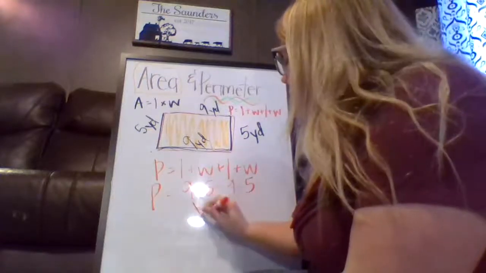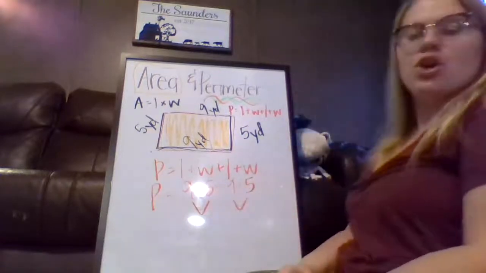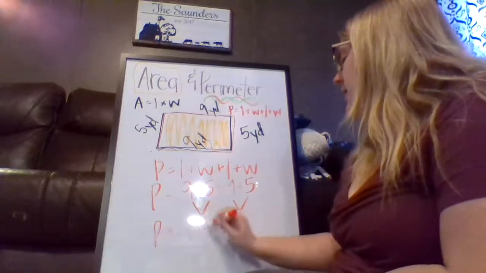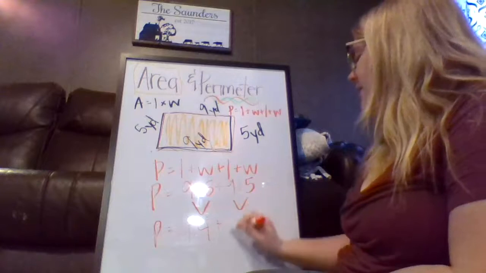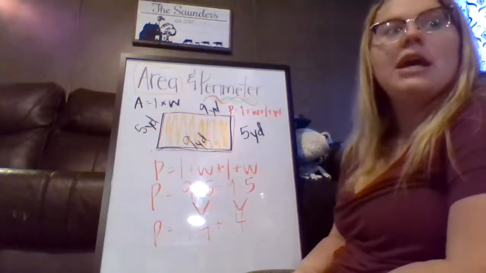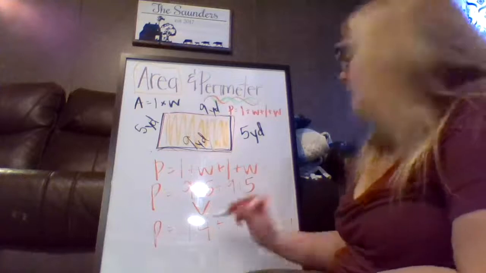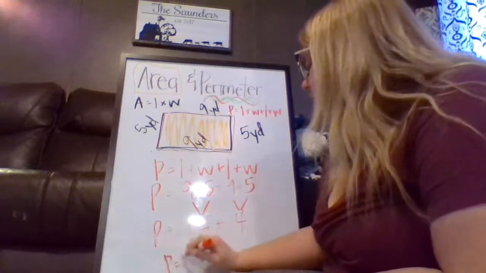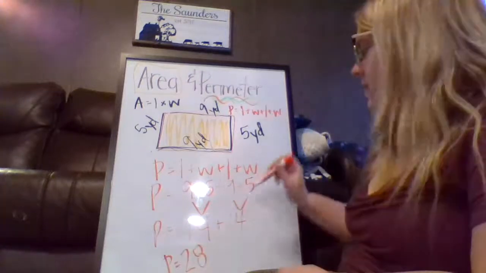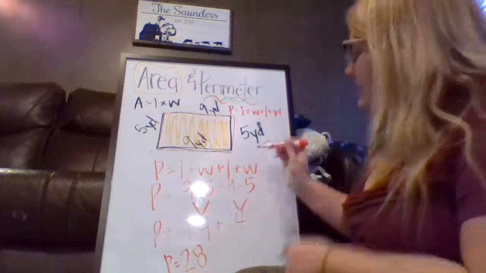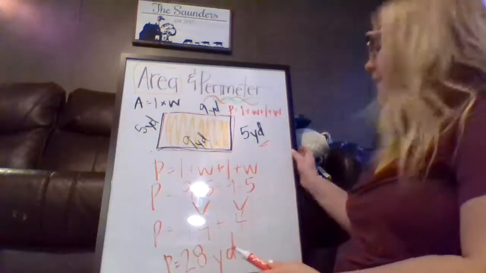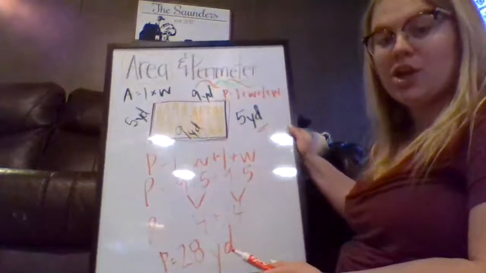Break it down into 2. What's 9 plus 5? 9 plus 5 is 14, plus 9 plus 5 over here is 14. So now I have 14 plus 14, which is 28. Now, I didn't multiply anything, so I don't need to multiply my units together. I just need to make sure that I know that my perimeter is 28 yards.